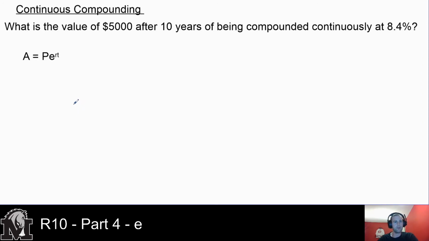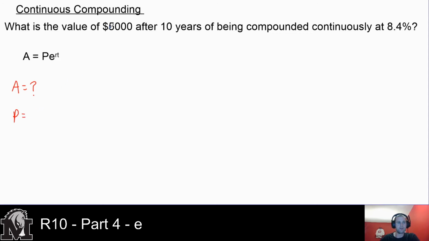So now that we're hopefully a little bit familiar with evaluating expressions with e, let's look at a continuous compounding example. So what is the value of $5,000 after 10 years of being compounded continuously at 8.4%? So here's our equation. A is our accumulated total, and it says what is the value of this at the end. So this is really what we're solving for. P is the principal.